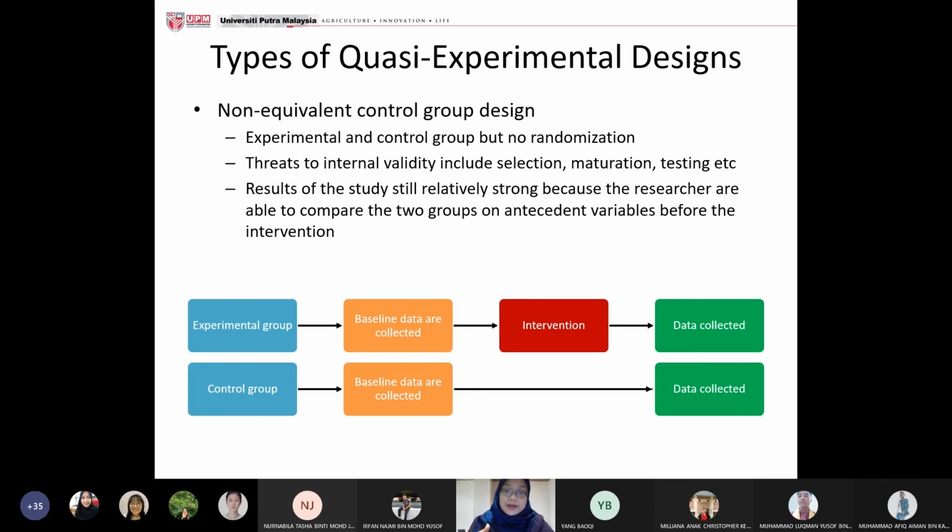This is why experimental and quasi-experimental designs are more advantageous compared to other non-experimental studies: you have your control group.